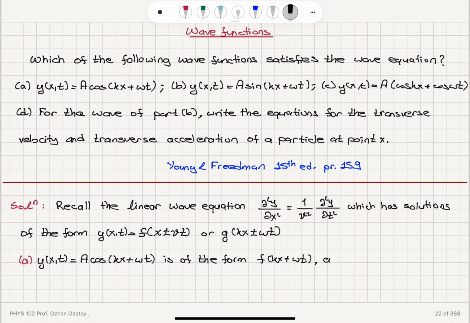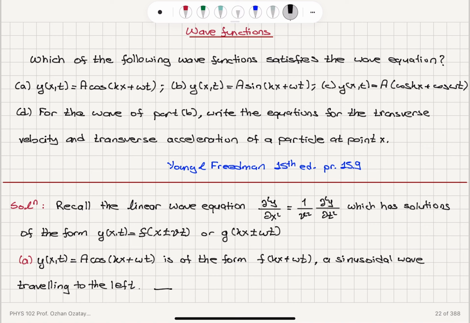It's a sinusoidal wave which is traveling to the left. So it's traveling in the minus i hat direction.